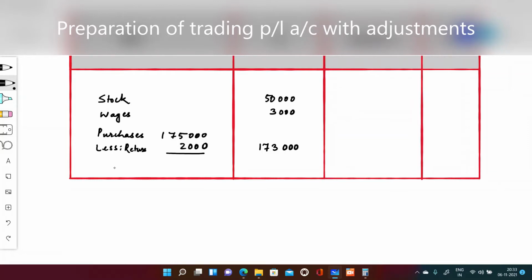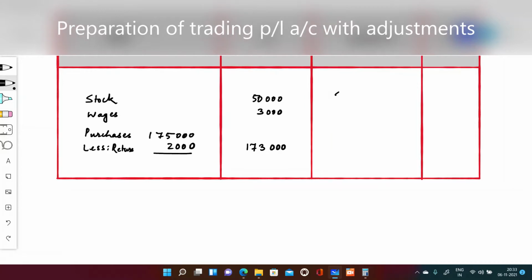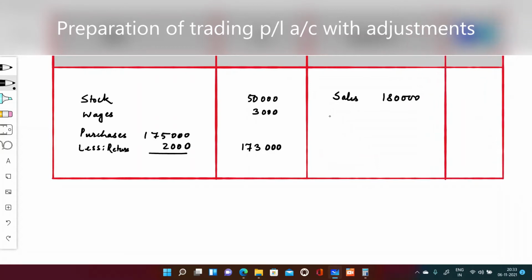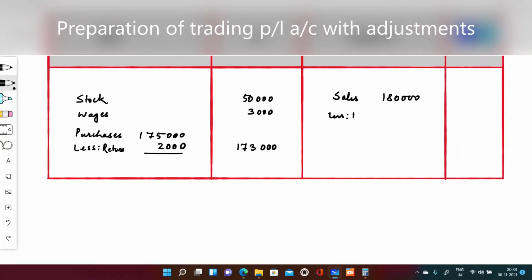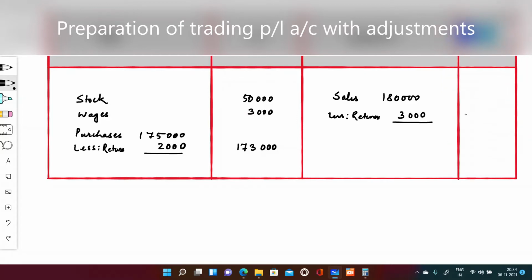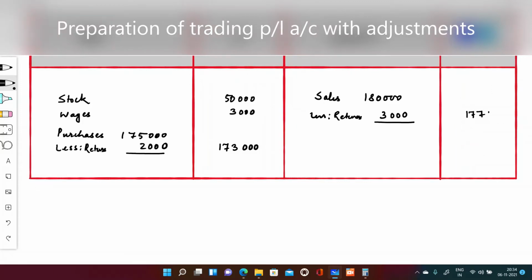Now after that we have sundry debtors. First we have to write here sales, that is 1,80,000. Then less returns, that is 3,000. So now we have sales of 1,77,000.